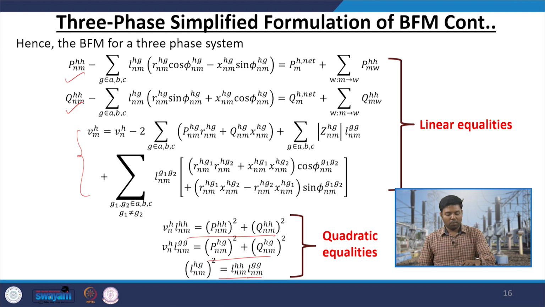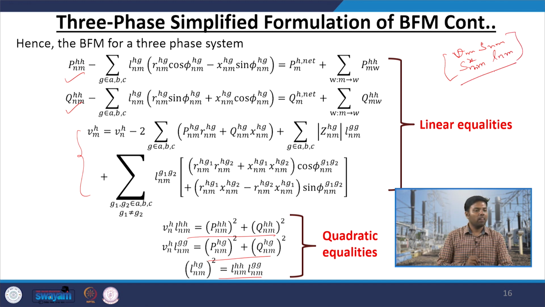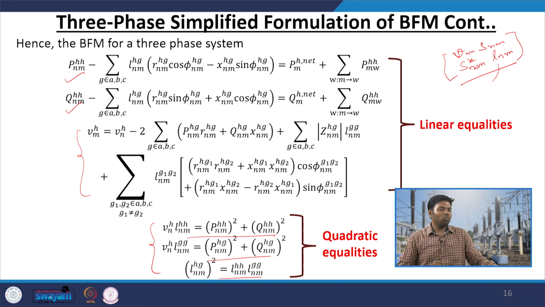That means, if you expand this matrix and take those assumptions, you will come to these 3 quadratic equality constraints.